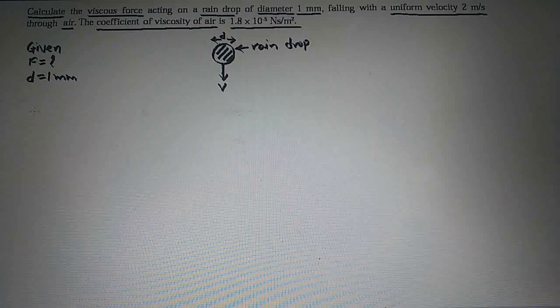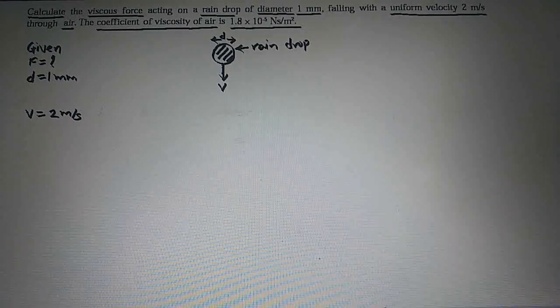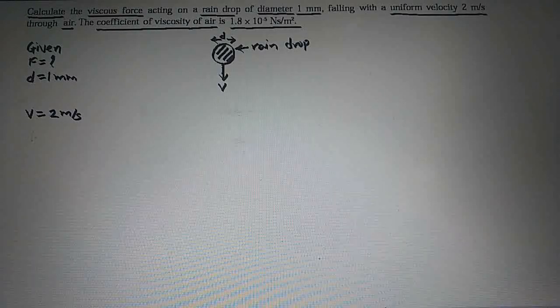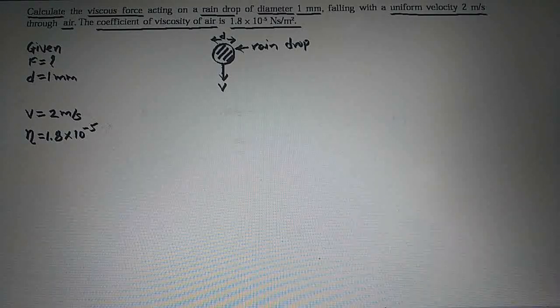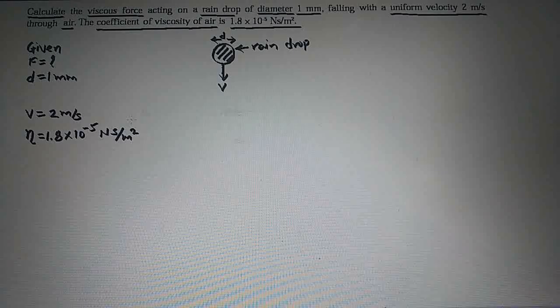Next, uniform velocity is given, that is v is equal to 2 meter per second. The coefficient of viscosity of air, that is eta, is given, and it is equal to 1.8 into 10 raised to minus 5 Newton second per meter square.